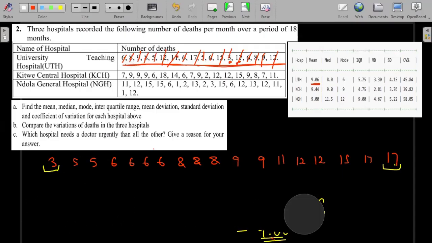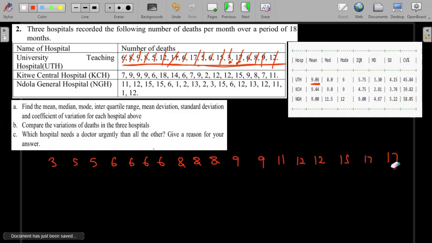Okay, from there, we are going to calculate now the median. Okay, so we know that the median is the middle value. And if we are to be accurate, we use the formula for the percentiles. So the median is the same as the Q2, which is the 50th percentile. So we're going to use that formula.